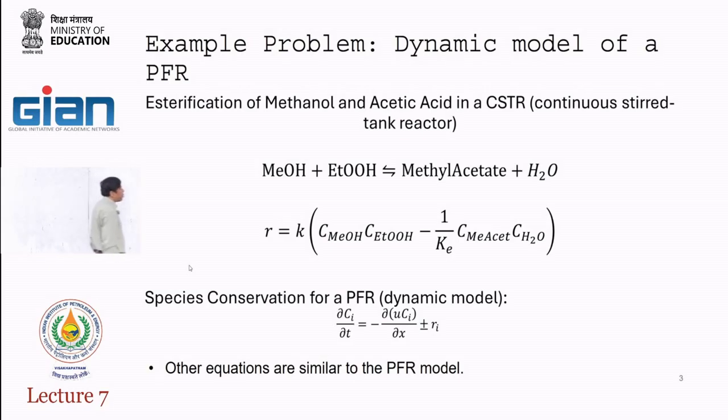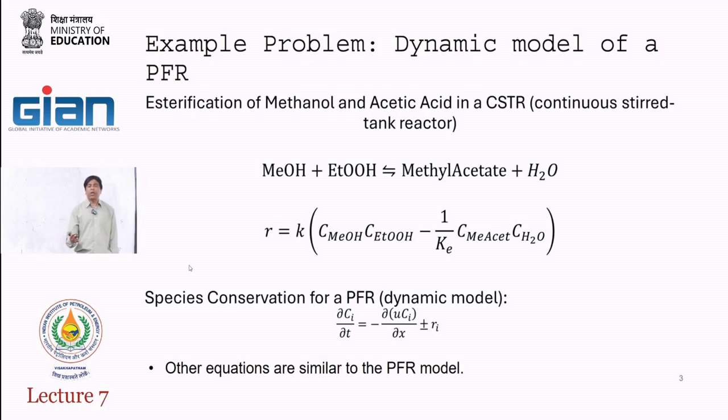Before I go forward, if I say this is a steady state model versus this is a dynamic model, let's have a quick discussion. If I'm considering a PFR, we have all started, from our undergraduate classes, with plug flow reactors, and we do not solve them dynamically in undergraduate courses; it's mainly solved at steady state. So when do we solve for steady state and when do we solve for a dynamic model?